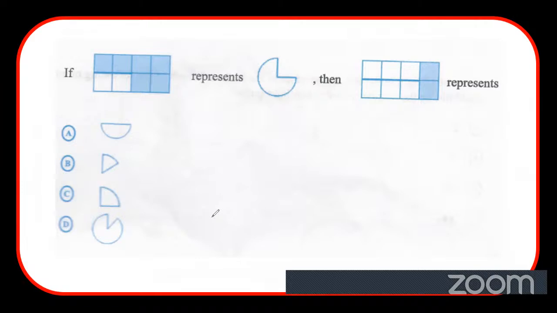All right, let me see. Come on, guys. Give me a reason for your answer to be C. Why is your answer C? Let's justify that. All right. So C because it took away the amount that is not shaded.